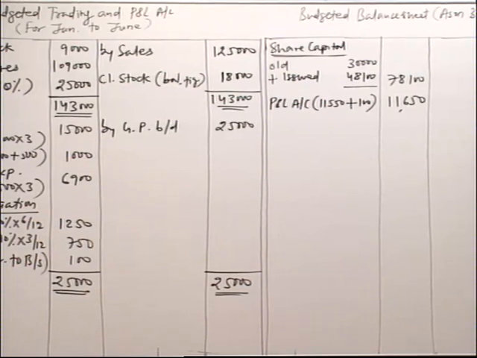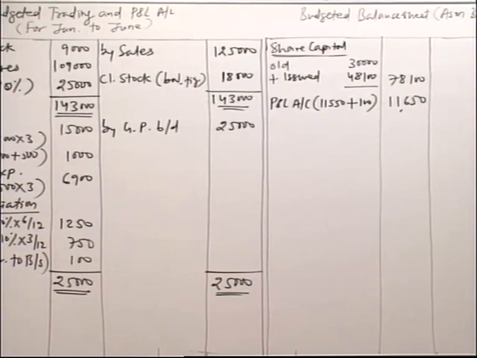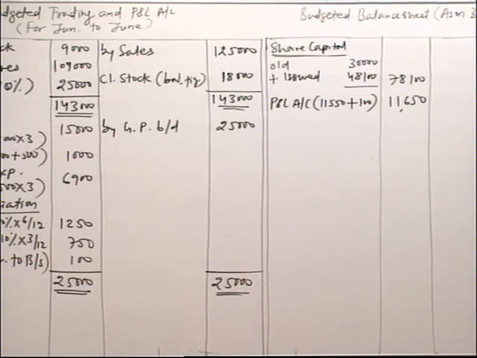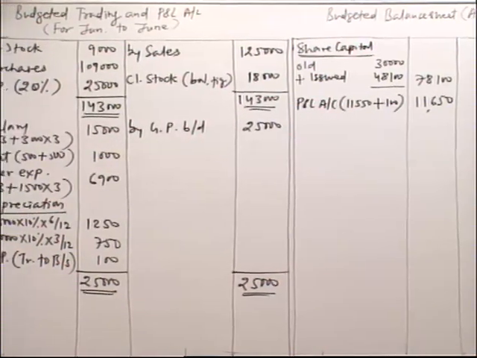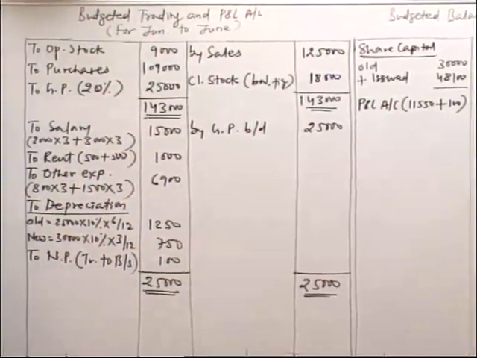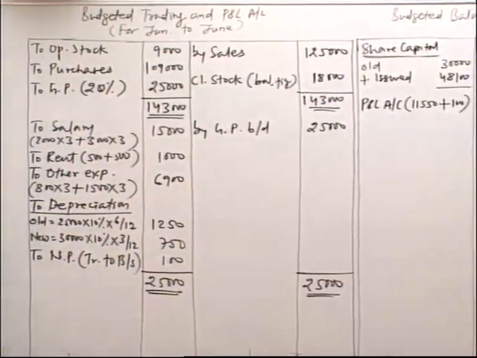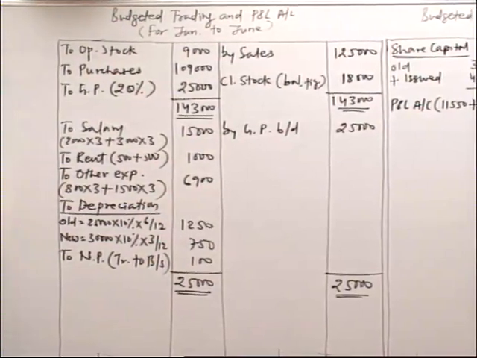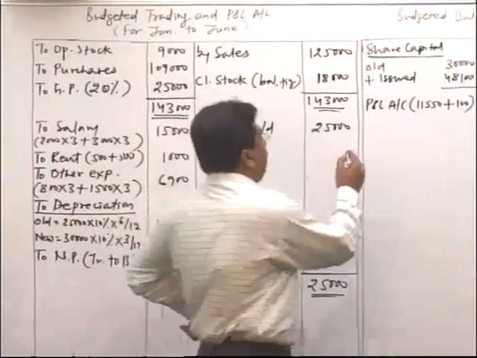Now in balance sheet of December, those will be shown as creditor, which is the credit purchase of December. Now please find out what is credit purchase of June. In balance sheet of June, credit purchase of June will be shown as creditors. Now you can see that credit purchase of June is 20,000. So creditors will be 20,000.